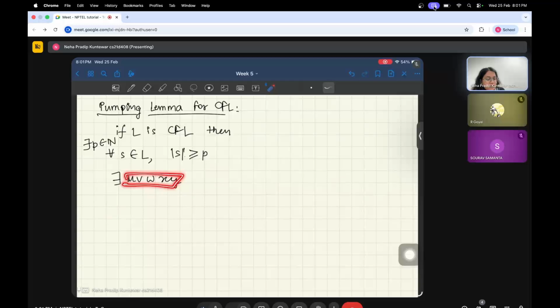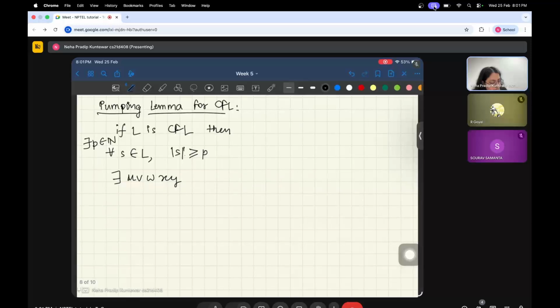This is basically the string s with some partitioning of s, such that for all i greater than or equal to 0, u v^i w x^i y is in L.